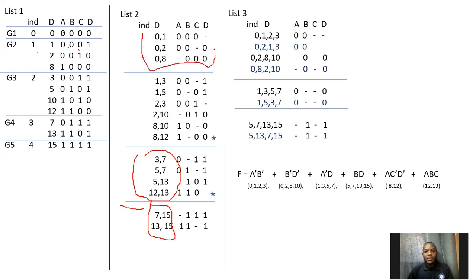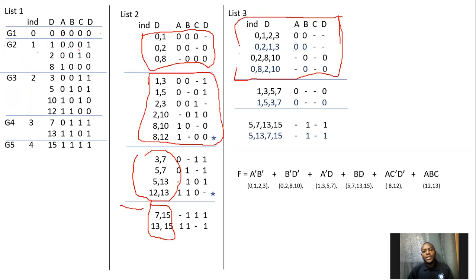This group can be combined with this group. If we combine this group and this group, you are coming to form this group here in the third list. So this is the group that we are having when you combine this one and this one.